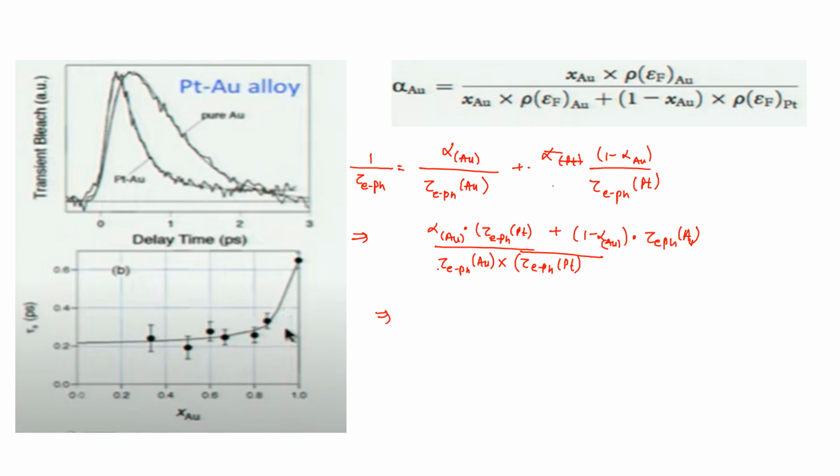Now we'll take the reciprocal. This is equal to 1 upon tau EPH.